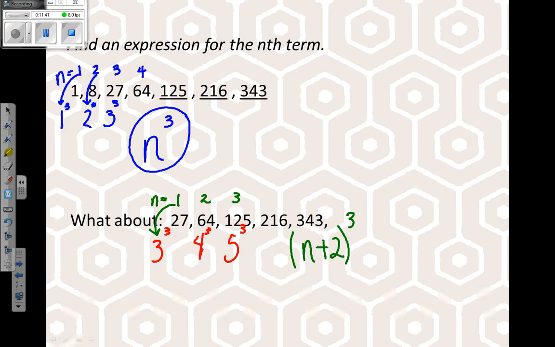So when n is 1, I add 2 to get 3, I cube it and I get my 27. When n is 2, if I add 2, I get 4 and cube it and I get my 64. So my expression in this case is n plus 2 cubed.